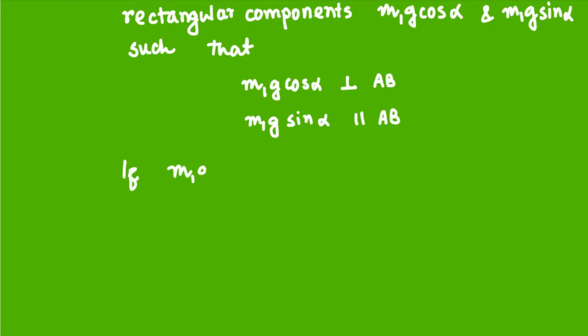If m1g sin alpha is greater than m2g sin beta, in that case the body of mass m1 will be moving down the inclined plane AB with an acceleration a.